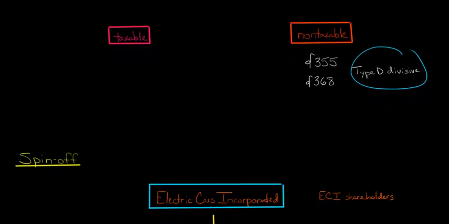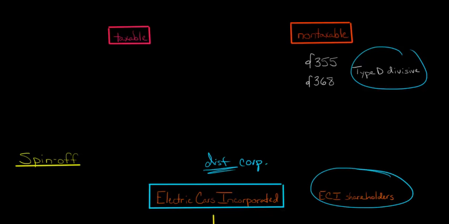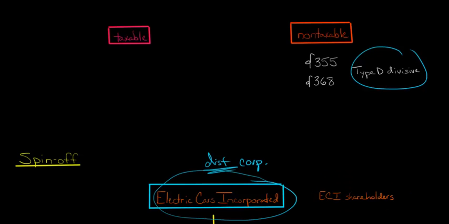So if you hear about a spin-off, basically you've got one corporation, so we'll call this the distributing corporation. I'll just do DIST here. This is the distributing corporation, and they've got shareholders. We'll say there are ECI shareholders. This is Electric Cars Incorporated, and the shareholders are over here.